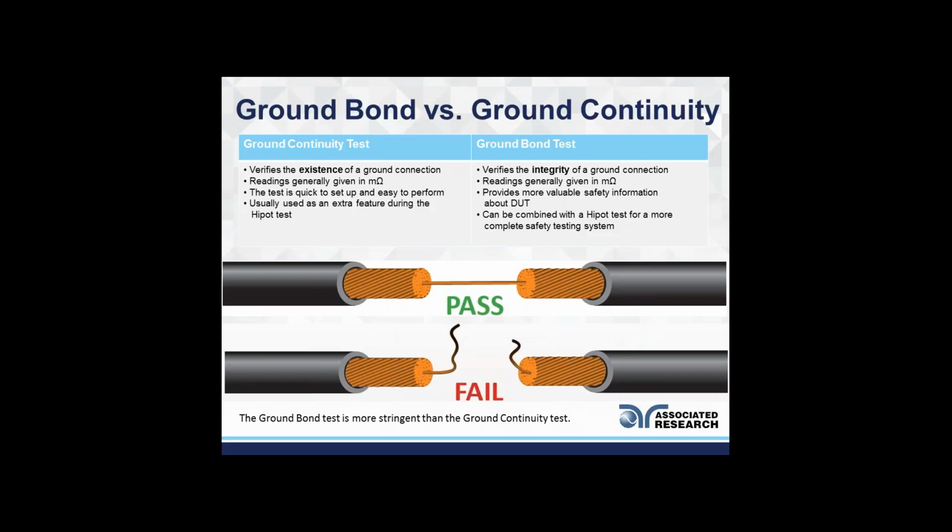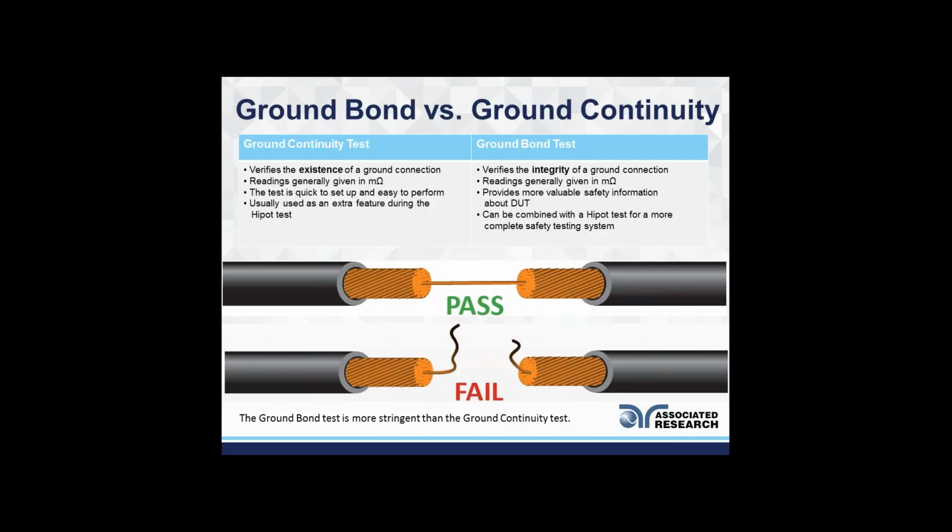Here's a good visual look at what ground continuity versus ground bond is. On top, you see a multi-strand wire which only has one strand connected; this will pass your ground continuity. But when you perform a ground bond test on the same wire, it will fail. The reason for that is that the one strand of wire may not be capable of carrying the 30 amps of current that the standards require.